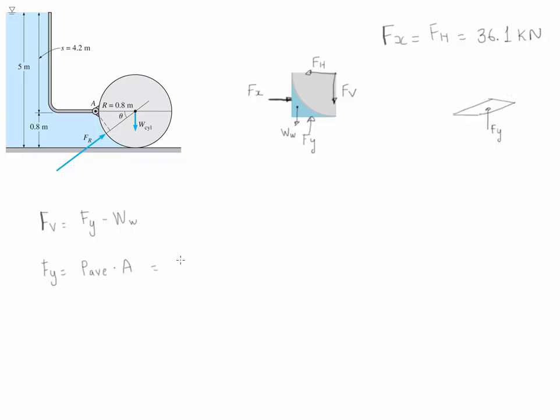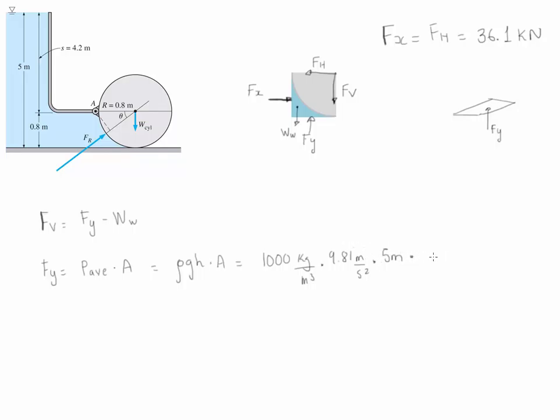Therefore, Fy is going to be rho g h times the cross-sectional area. The values are going to be 1,000 kilograms per meter cubed, 9.81 meters per second squared, and h, which is the value from the surface of the water to the location at the bottom, equal to 5 meters.